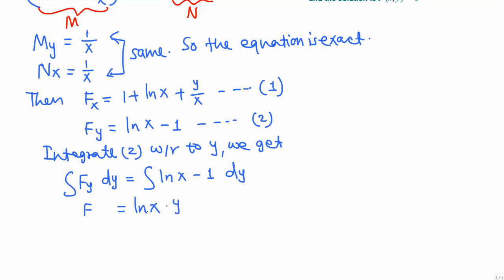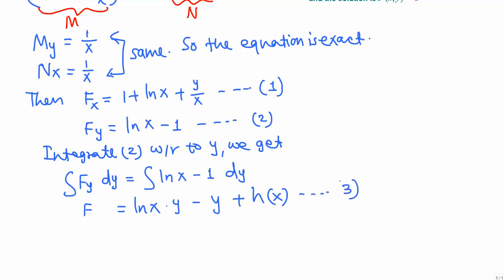So natural log of x times y minus y plus a constant of integration. This could be a function of x as well, not only c, because x is also constant in this setting. So let's write h(x). This could be a pure constant or some function of x. Call this equation 3.